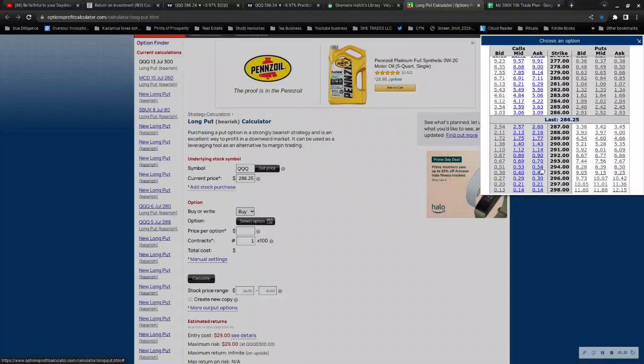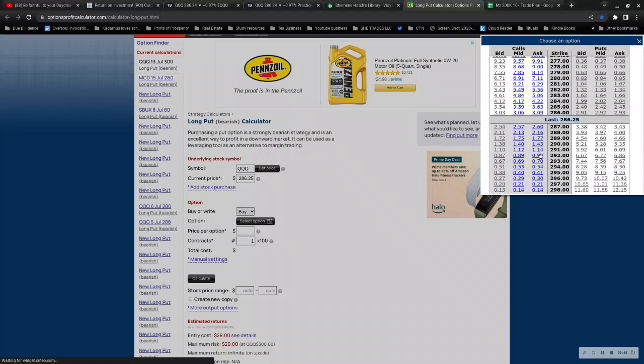So right here would be right up in here, 292. So I trade out of the money. So if I think QQQ is going to move $4 or $5, that's 1, 2, 3, 4, 5, right?